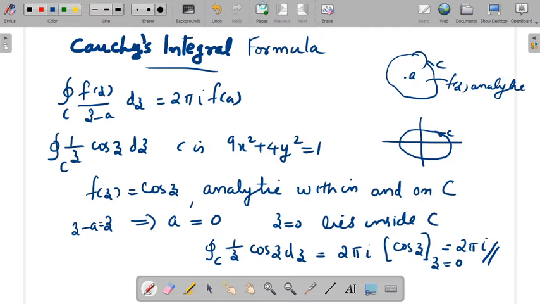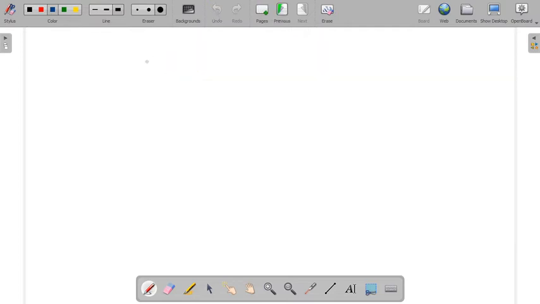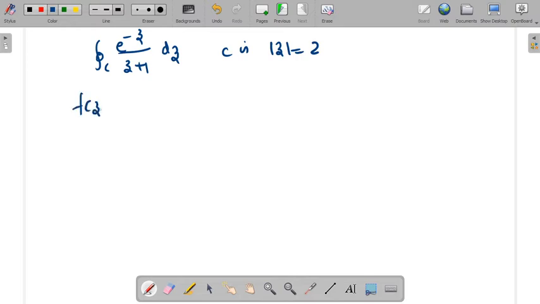So let us see one more example. Consider integral over C e raised to minus z divided by z plus 1 dz, where C is the circle mod z equal to 2. So again our function is f of z is equal to e raised to minus z. We are comparing it with integral f z by z minus a dz.